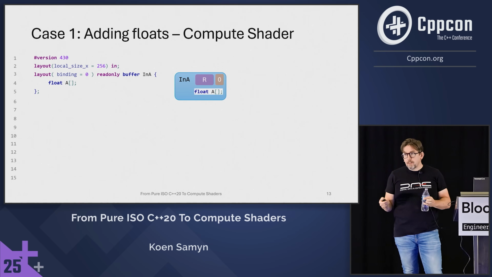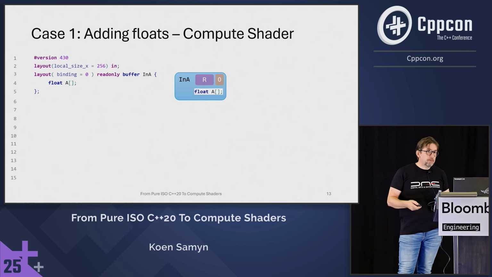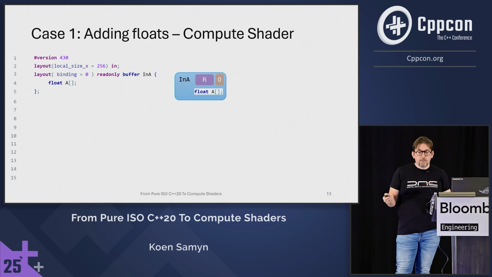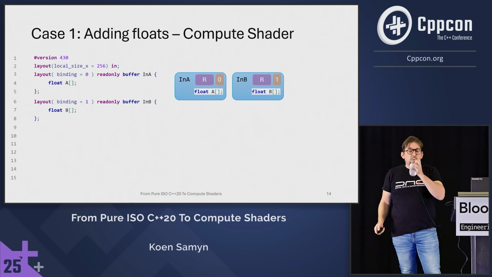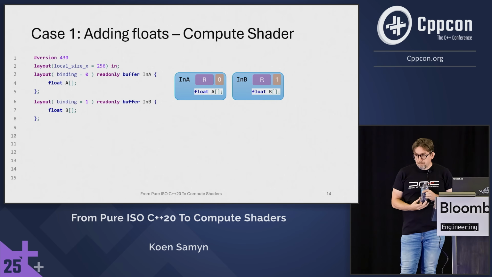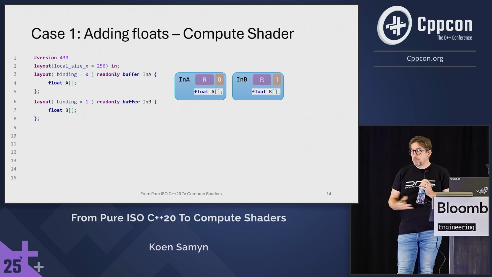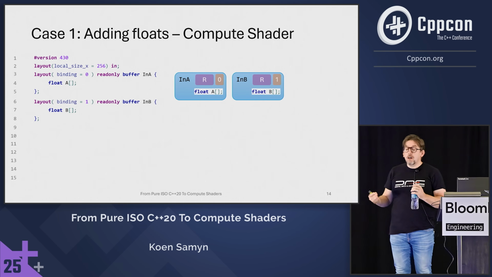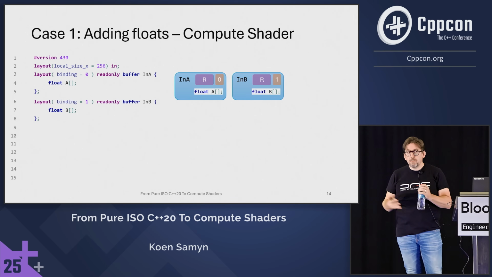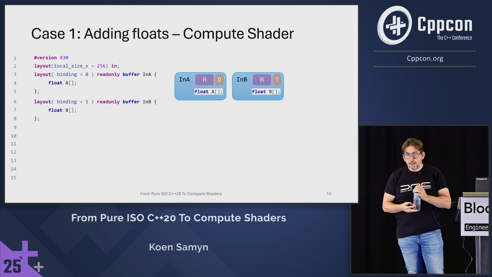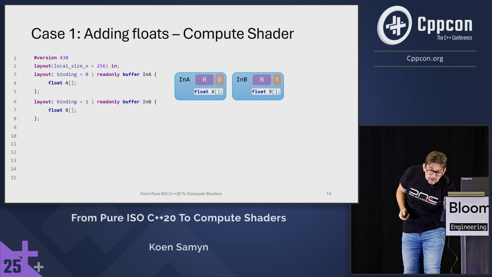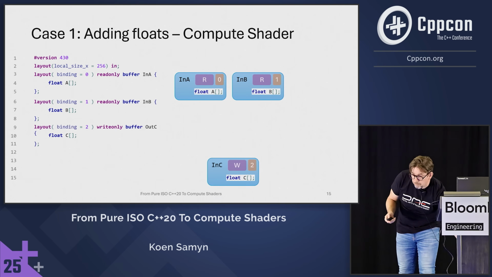And finally, inside the buffer concept, you have your data itself. So you have a float array. We have a second buffer, another binding number. So you typically have different IDs for your different bindings. And again, a float array inside of it.